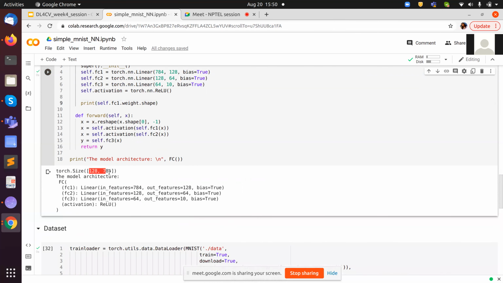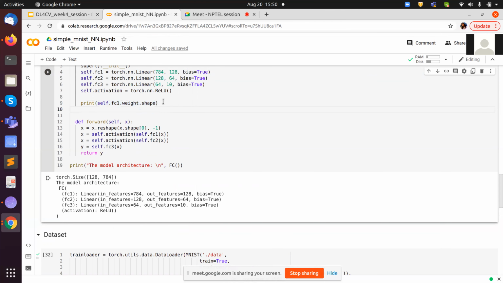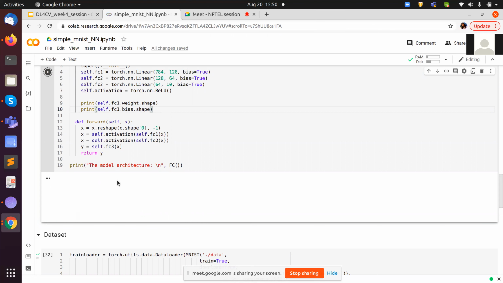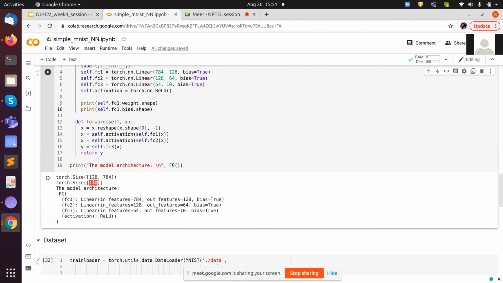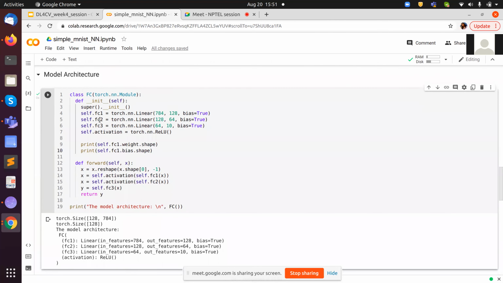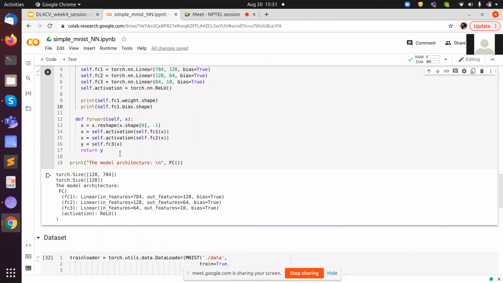Right, so it's 128 by 784, and for bias it will be just 128, because for each neuron we have one bias. Similarly, you can print the weights for FC2, FC3, and so on.